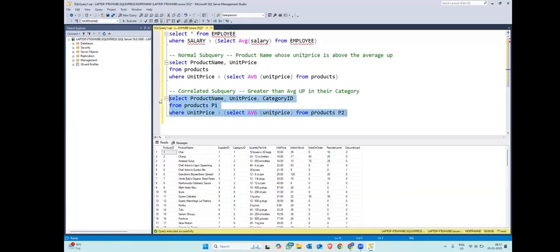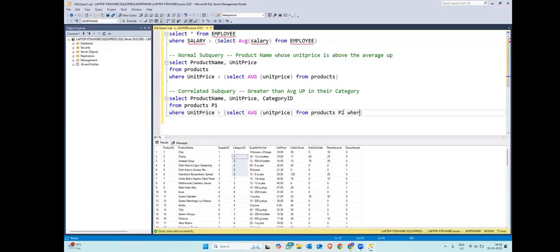Now what is the condition here? Can you tell me what is the condition to calculate the average? See, P1 is there for the output, P2 is there to calculate the average. What is the condition to calculate the average? In a certain category. Same category ID, right? Yes.